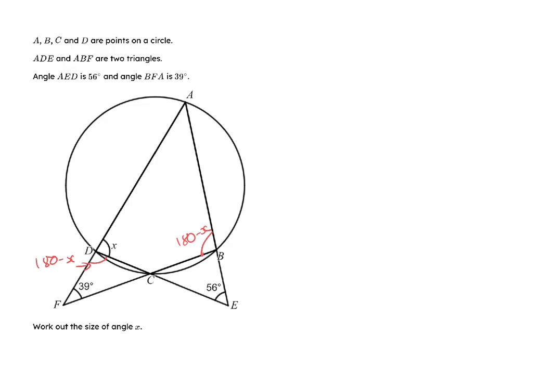Now, I know this angle here, because it's going to be 180 take away these two, because angles in a triangle make 180. So it's 180 minus 39 plus 180 minus x. If I work that through, the 180s cancel. I get minus 39 minus x, which is going to be x minus 39.